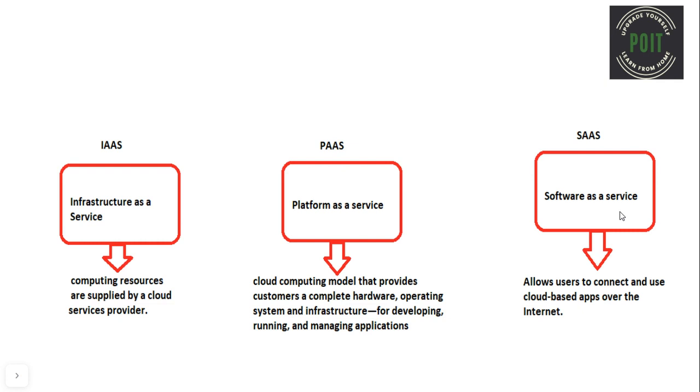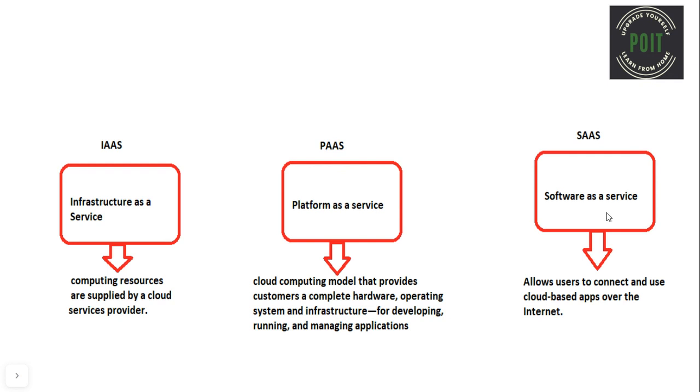So here the infrastructure will be taken care of by the service provider, even the operating system will be taken care of by the service provider, and even the application or software which has been built will be taken care of by the service provider. The only thing is we can directly download the software or application and we can use it.